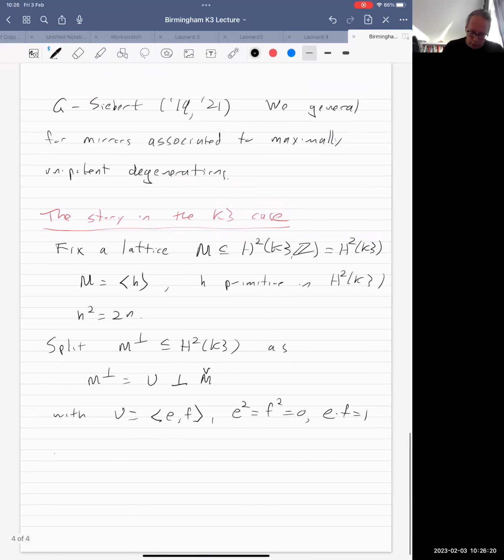Okay, so if I do this, note that because this lattice has signature 1, this has signature 1, -1, this has signature 3, 19, that means that M perp has signature 2, 18, and in particular is rank 20.